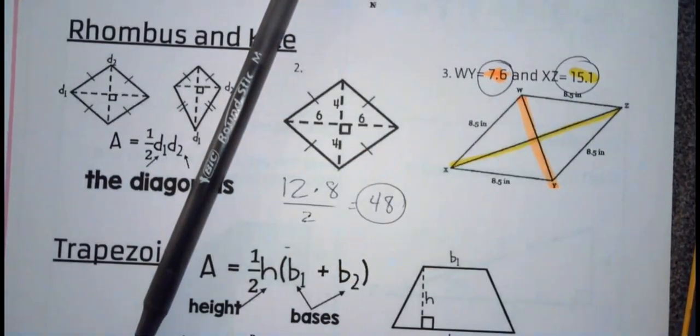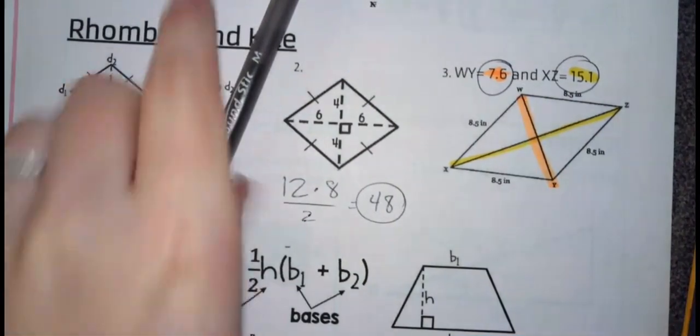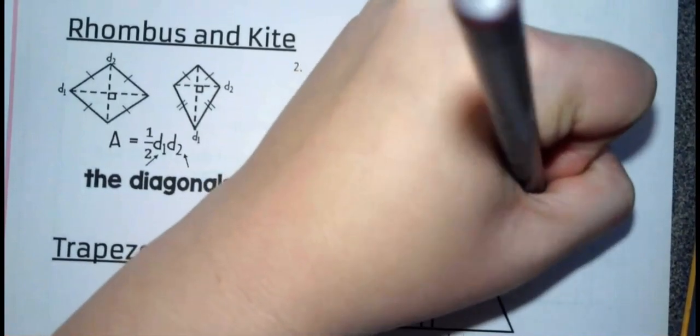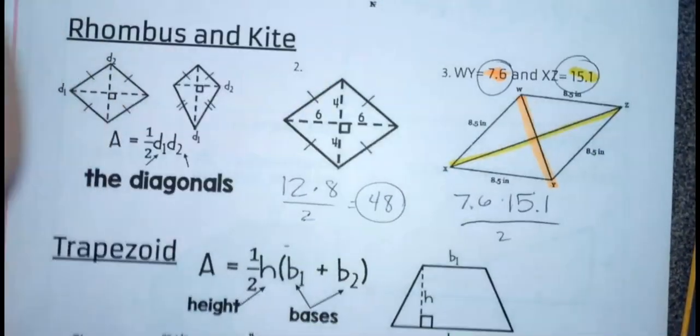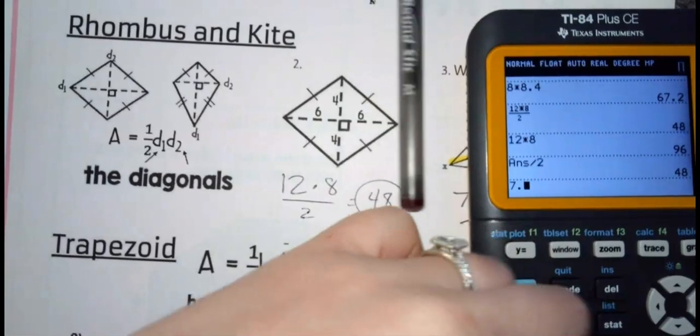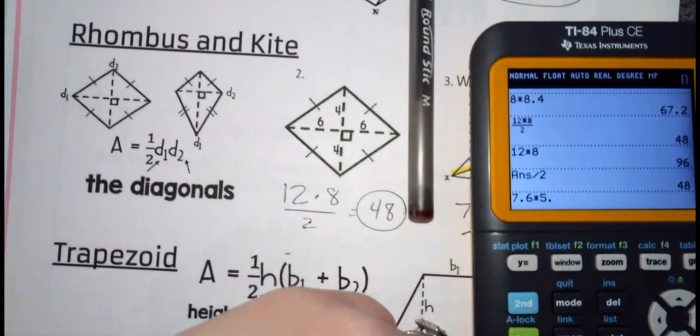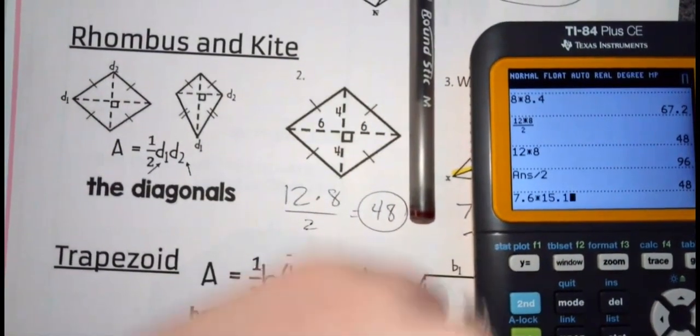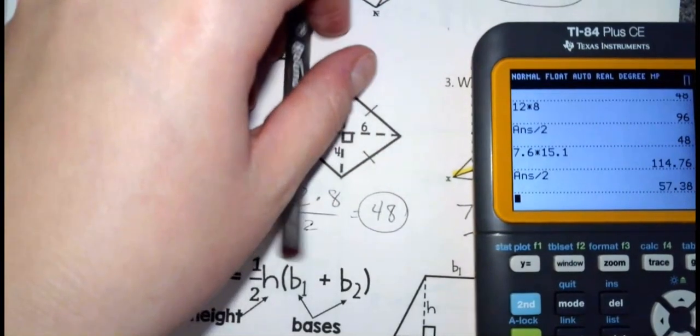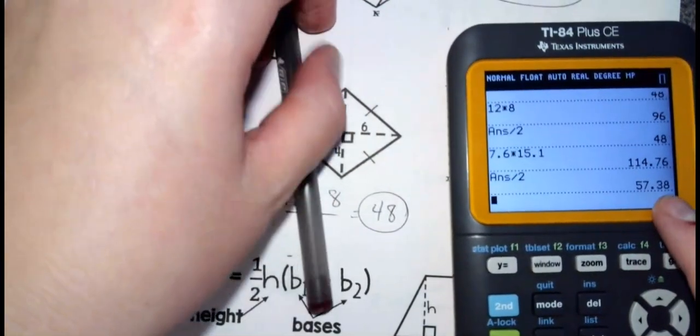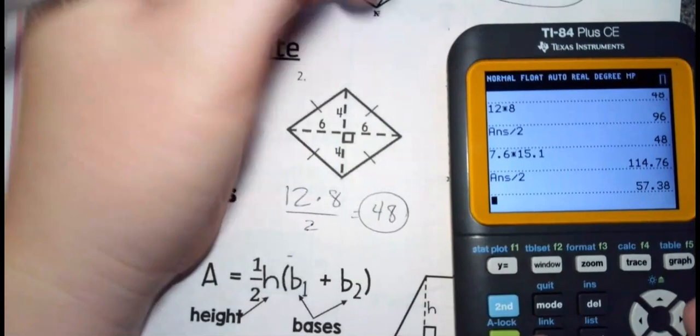But you just take 7.6 times 15.1, multiply them, and you divide by 2. 7.6 times 15.1. So it's really just figuring out which formula to use and using the correct one.